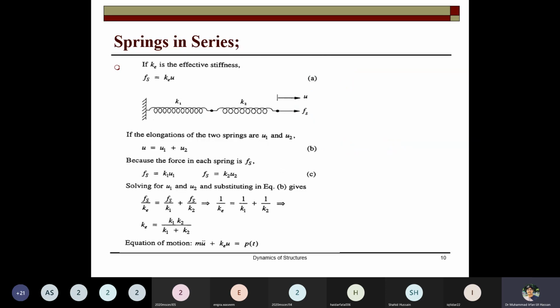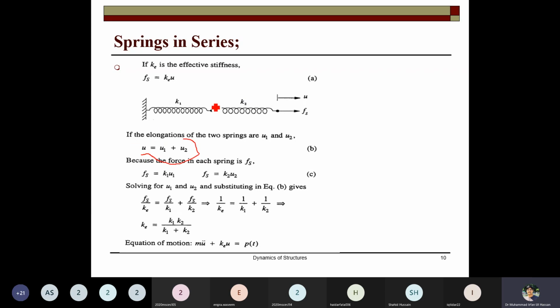Now you have to think about the springs in series. What changes will occur when the springs are in series? When the stiffness and the displacement of the one component is affecting the other component beyond, it means that the total displacement u is dependent on the displacement of the individual springs.